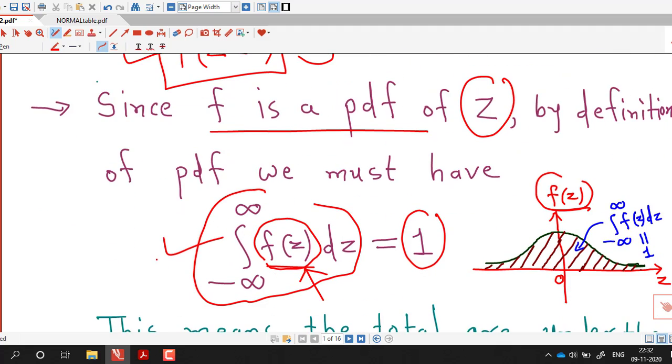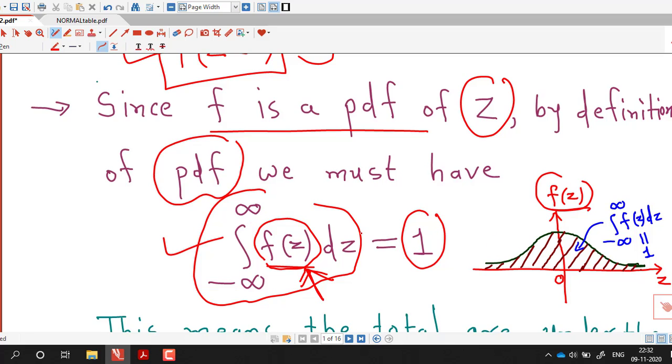We know that this f of z is a probability density function of standard normal random variable capital Z. So if f is a probability density function, then by the definition of PDF, the integral of f of z from minus infinity to infinity must be equal to 1. And we know that the definite integral represents the area under the graph of this PDF between minus infinity to infinity.